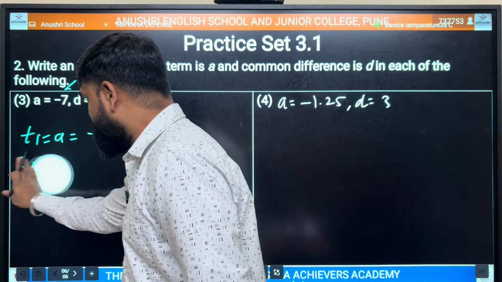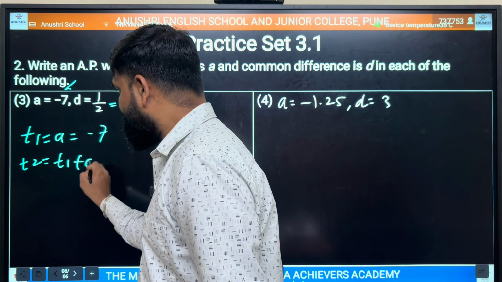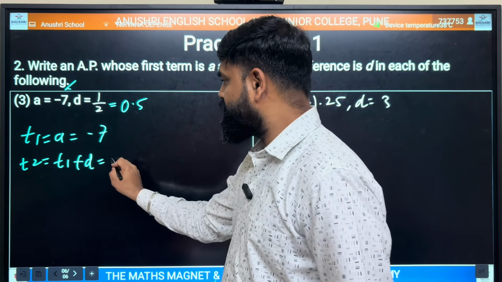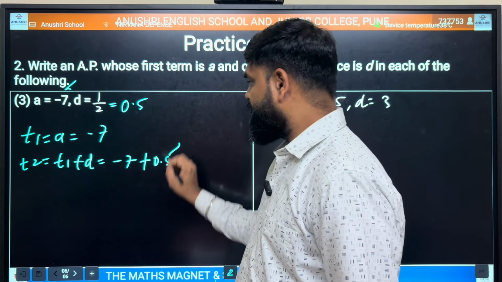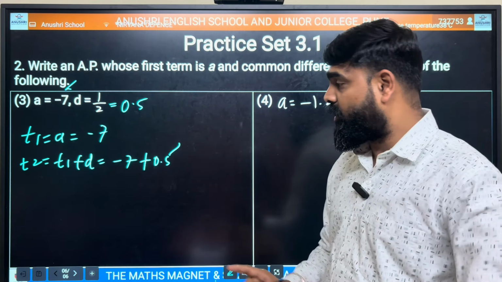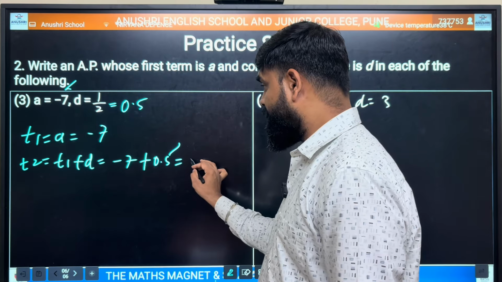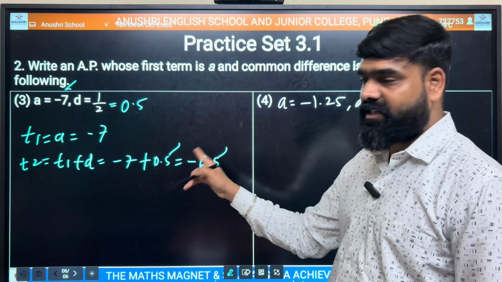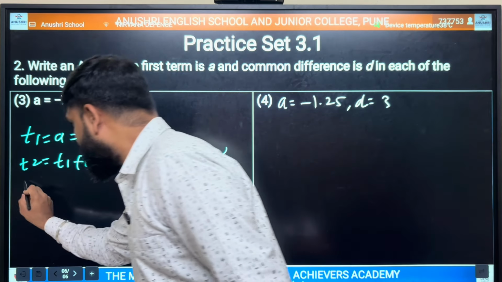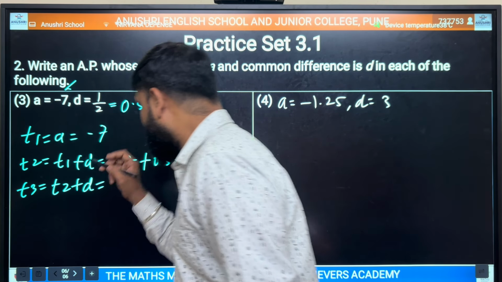T2 is equal to T1 plus D. So we have minus 7 plus 0.5. Minus 7 plus 0.5 means there will be subtraction. So we will get minus 6.5.